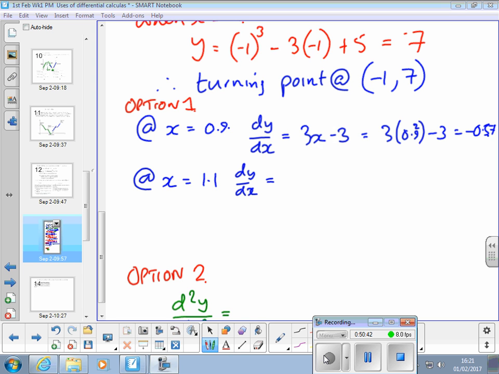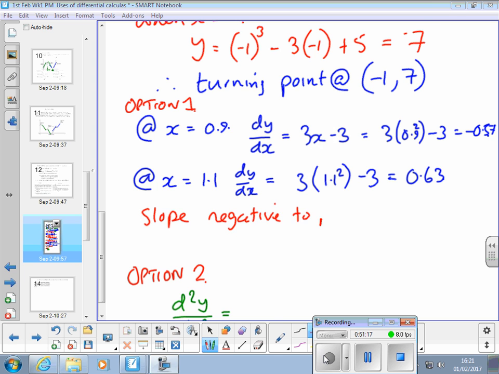And then at 1.1, it is 3 times 1.1 squared minus 3 equals 0.63. The size of it is irrelevant to us. The sign is what we're looking for. We're going from negative to positive around x is equal to 1.